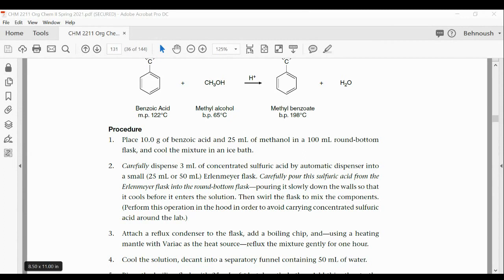Do we have to do reflux for high temperature? The vapor of the solvent. Reflux is to return, right, the vapor of the solvent. So what's the purpose of reflux?